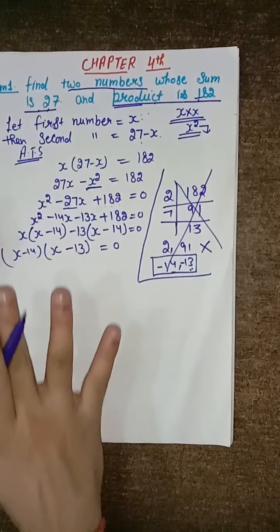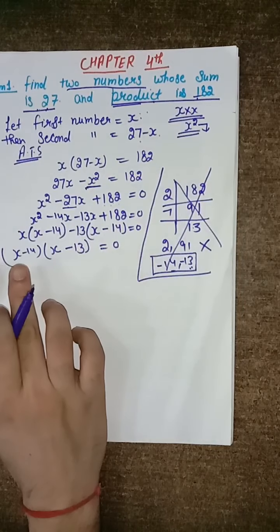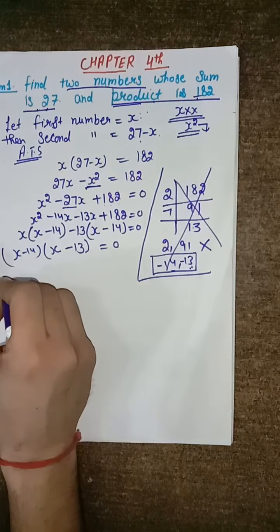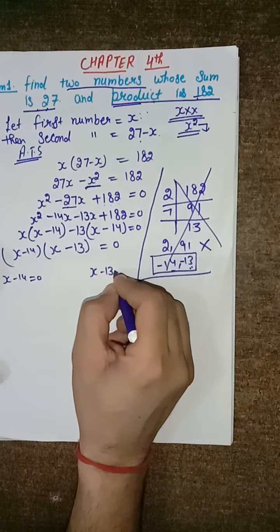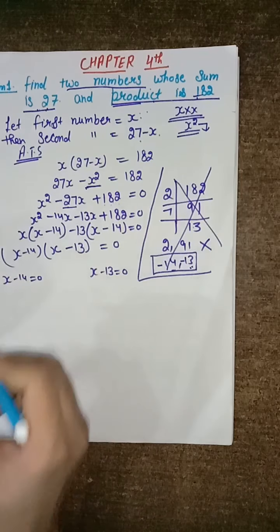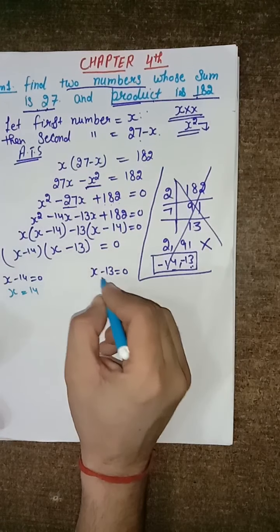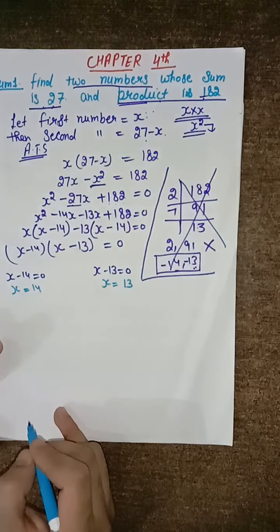We know the product of two numbers equals 0 only when one of them is 0. So x minus 14 equals 0 or x minus 13 equals 0. If x minus 14 equals 0, then x equals 14, and if x minus 13 equals 0, then x is 13.